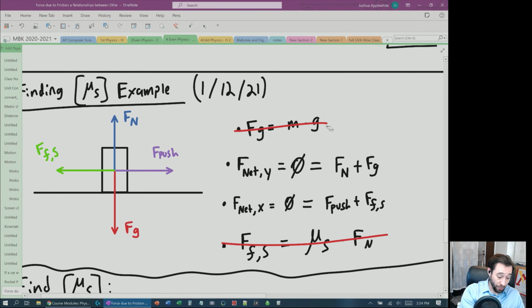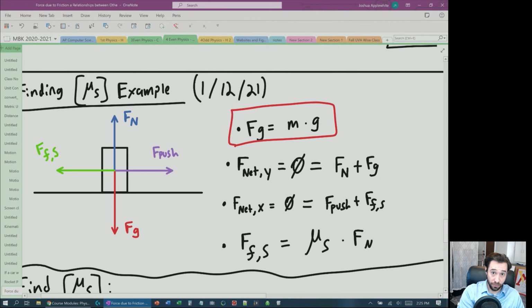Because we're dealing with force due to gravity, the weight, I apologize about the dog, we knew that from our equation sheet. If you haven't written that one down, I would definitely recommend doing that. It's a very commonly used equation. And since we're dealing with friction, more specifically static friction, this equation should also be on your formula sheet.